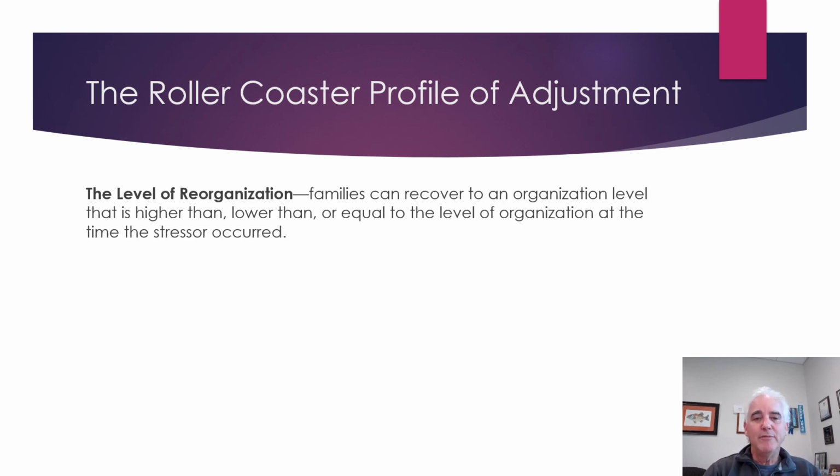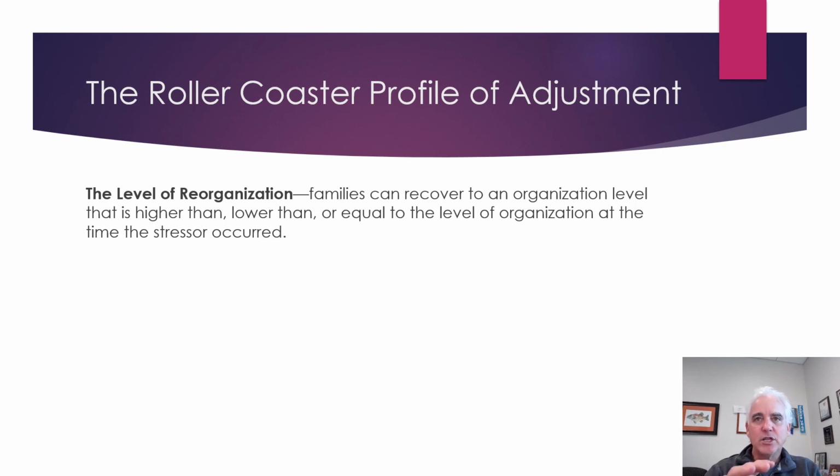Now, the level of reorganization: families can recover in multiple ways, and this again is going to sound like roller coasters. They can recover to an organization level that was higher than, equal to, or lower than the level of organization at the time the stress occurred.